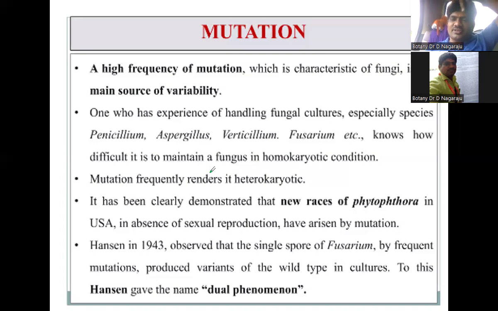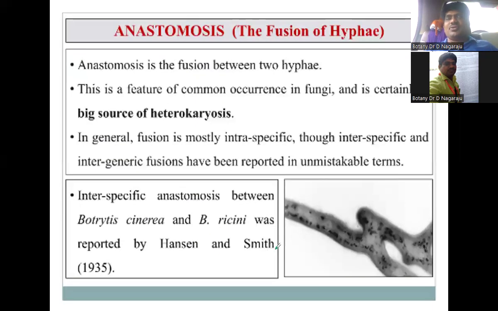Sometimes this heterokaryosis appears as a new strain instead of the same fungus, because of genetic modification. Why? Genetic variation is there. Sometimes a single spore of Fusarium frequently gets mutations and produces various types of genetic material. That we call the dual phenomenon.